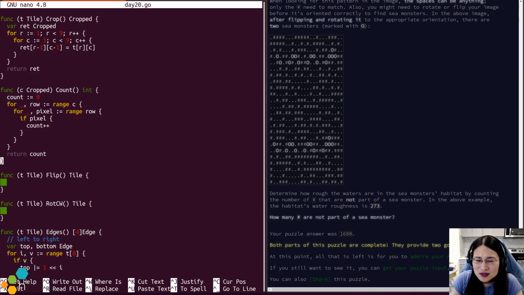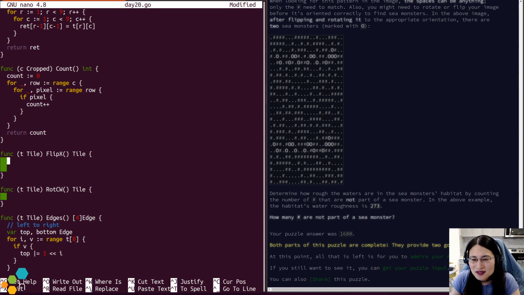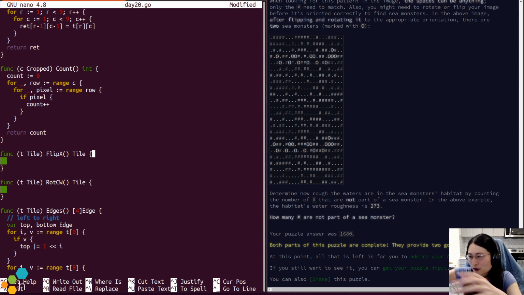So in this case I'm going to flip it on the x-axis, so that I just reverse the order in which I read the rows, rather than having to reverse the order of columns inside of each row.